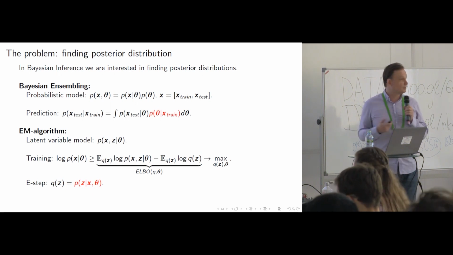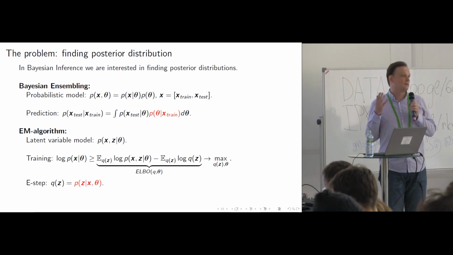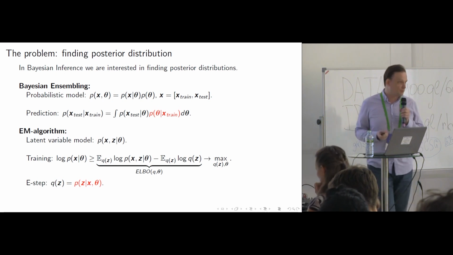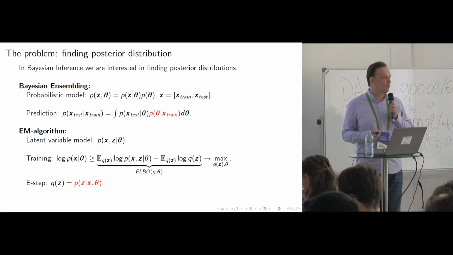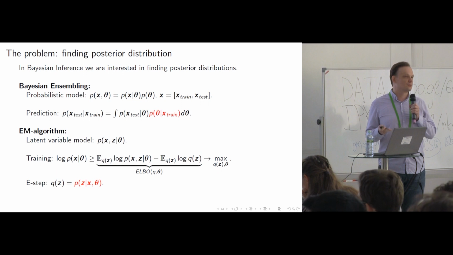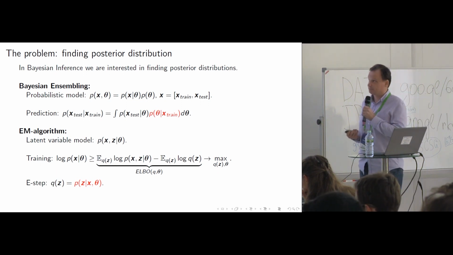This conditional distribution can be expressed in this way. So we do not pick just one model when we do our prediction, but we average over all models in our set of models proportional to the posterior probabilities of these models given our training set.